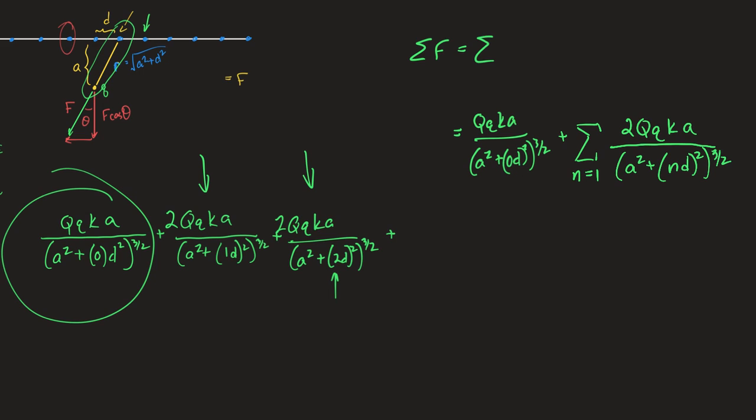Now on the top, I'm supposed to tell it how many of these to count. And I could pick whatever I want here, depending on what the problem is. If the problem tells me that there's a total of 9 of these, well, the first one's at the center, so I would do this from n equals 1 to 4, and I would do the 4 that are on either side.